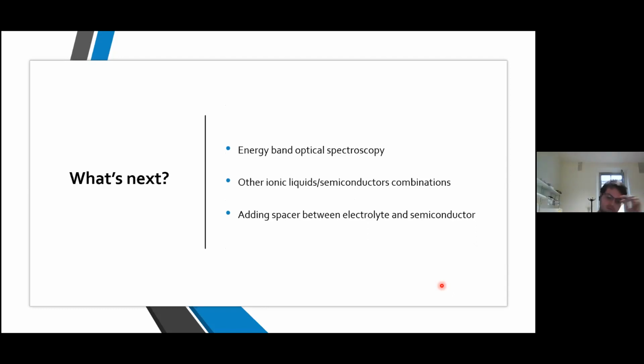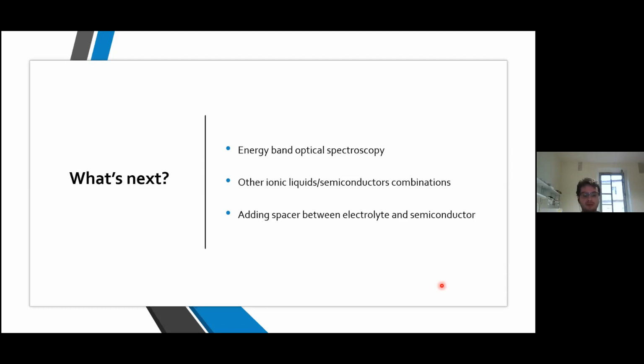Let me just very briefly tell you about what we are planning to do next. First of all, by employing surface photovoltage optical spectroscopy techniques, it will be possible to measure the effect of the electrostatic doping by experimentally measuring the band bending which we are inducing by employing the ionic liquid gating.